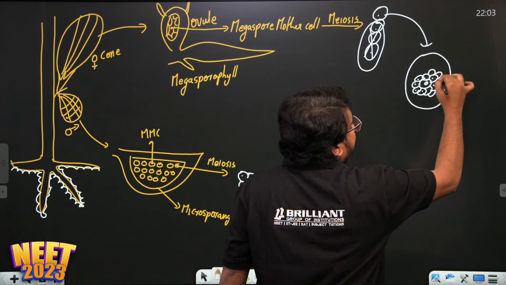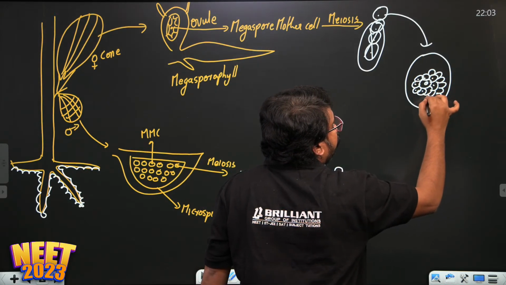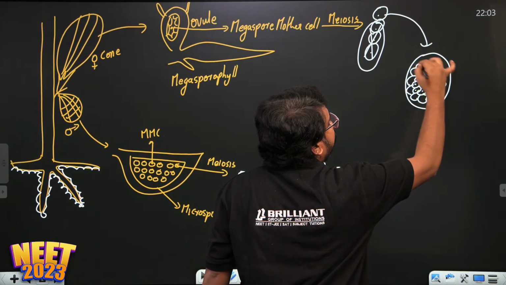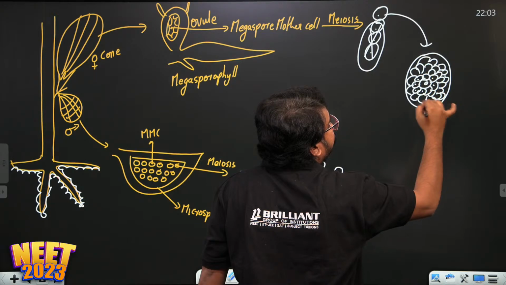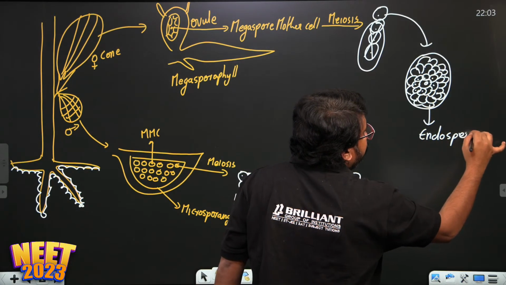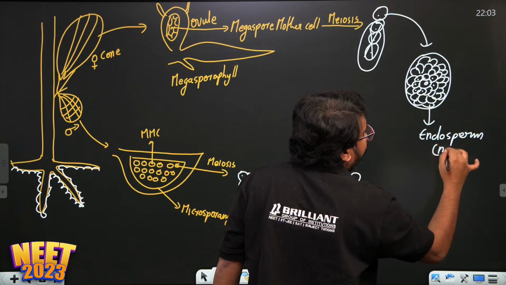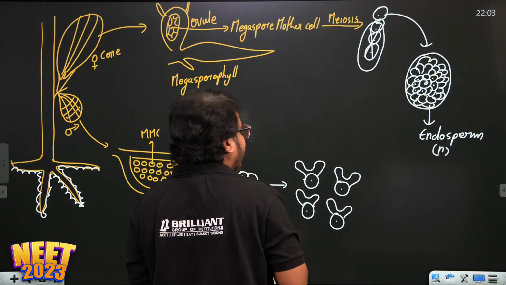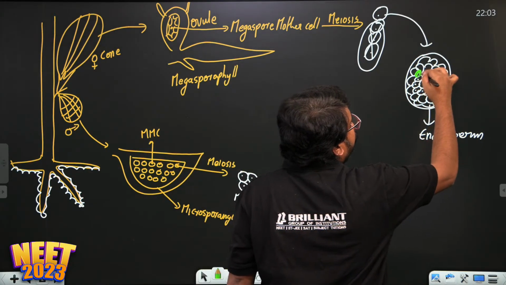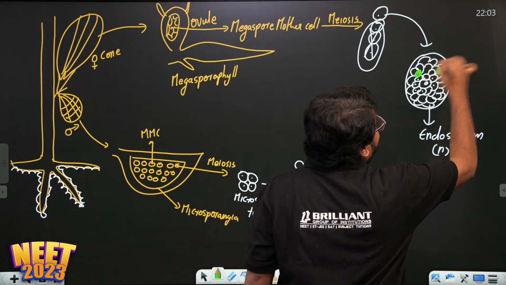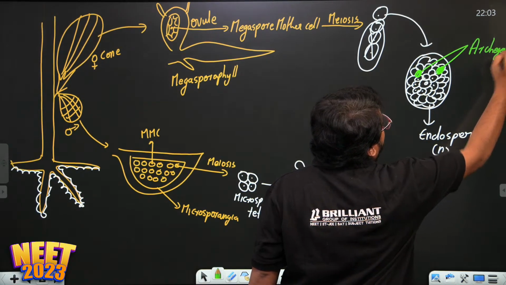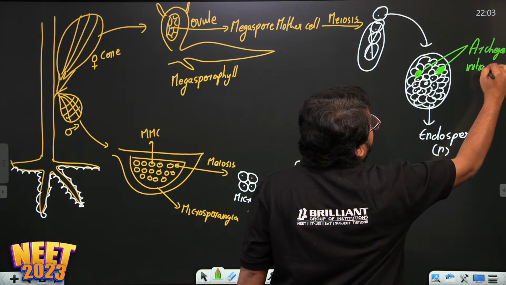So this structure that is produced is endosperm. You should understand endosperm is produced in a gymnosperm before fertilization. This is the structure of endosperm, and this endosperm is haploid and it is produced before fertilization. In that, 2 cells turn into archegonial initials.